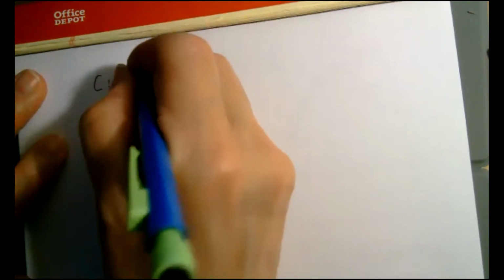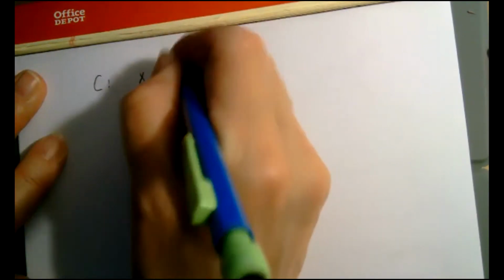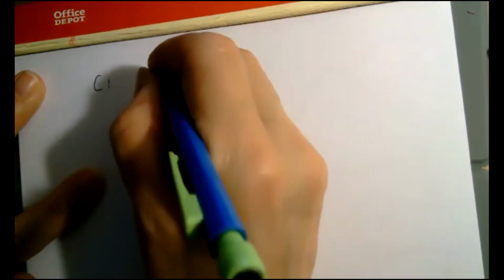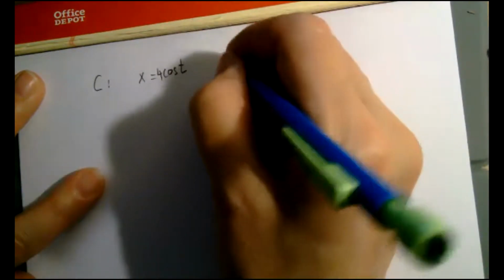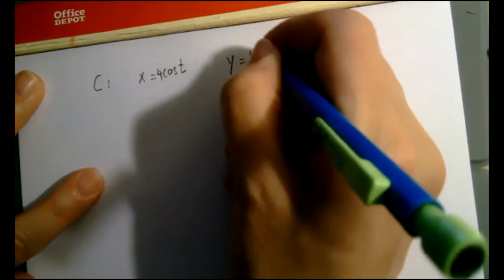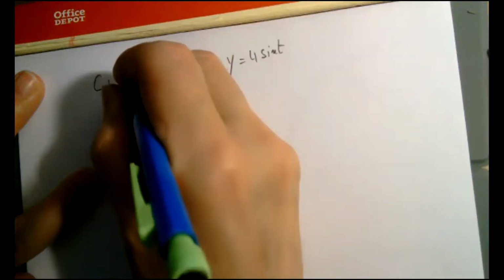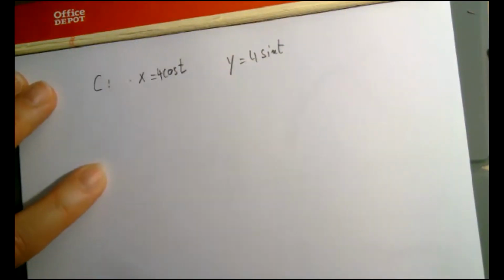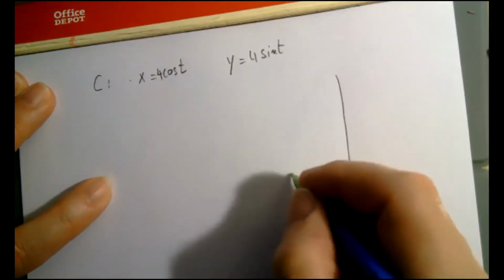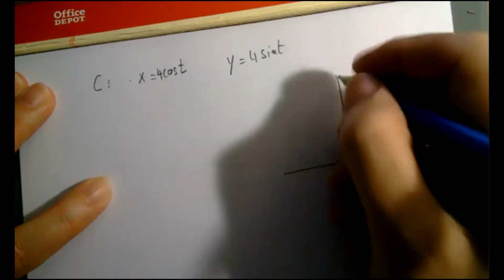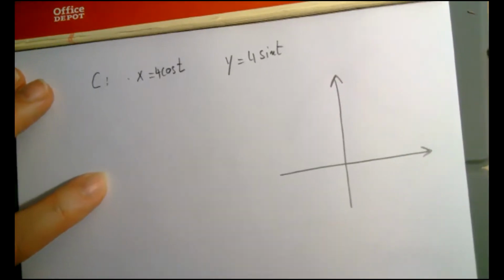Suppose I have the following curve C, and x is 4 cosine t, and y is 4 sine t. That's my curve. Now, if I graph the curve, it means I let the parameter t vary.